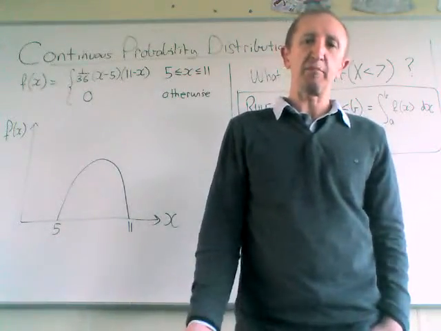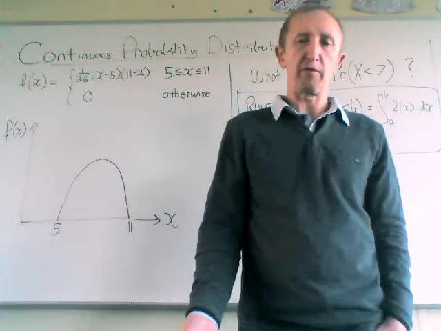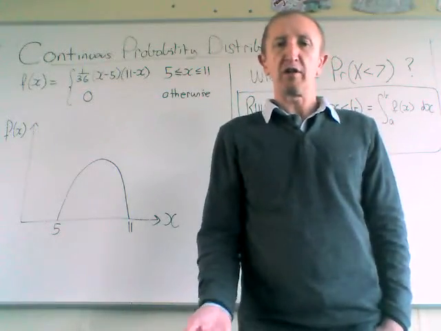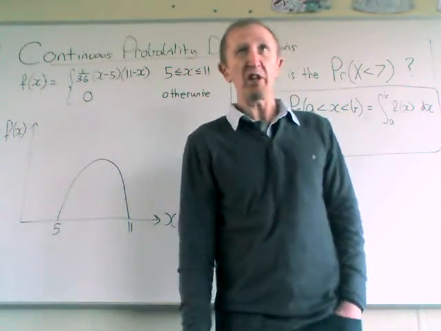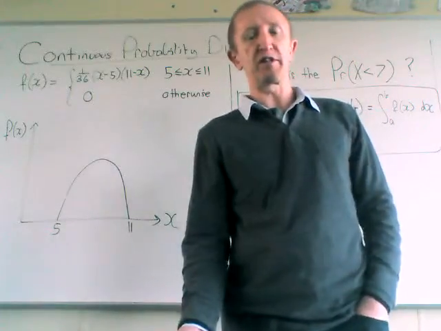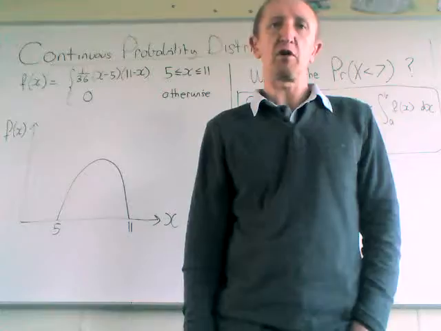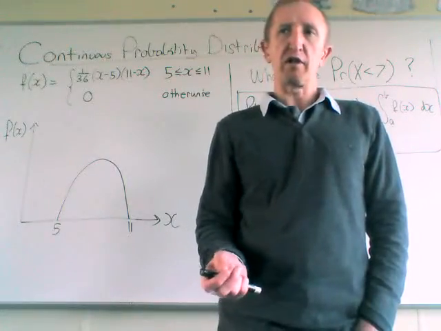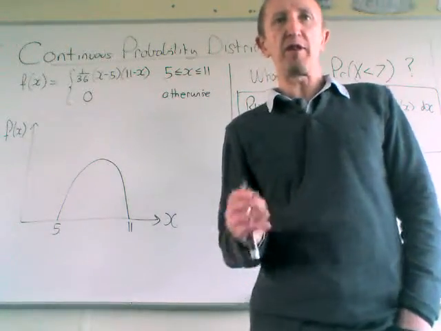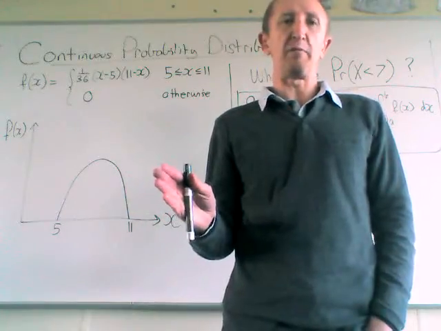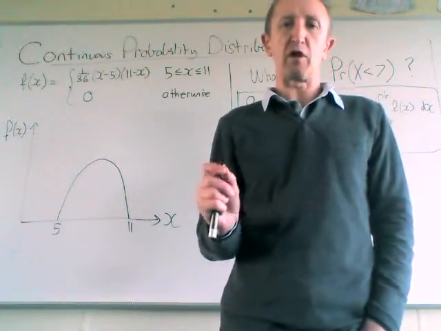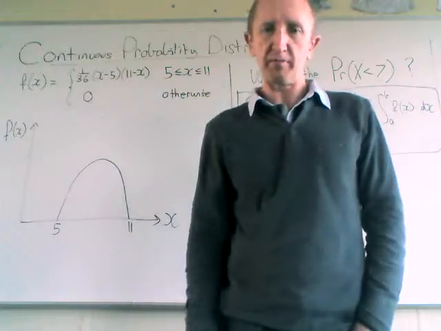So that's an example of a continuous variable. When we're looking at continuous variables, in theory we could never really say what's the probability of the time being 12 o'clock, because 12 o'clock doesn't really happen. There's always going to be a time either side of 12 o'clock, depending on the tool you're measuring.